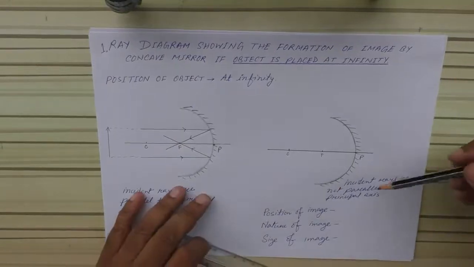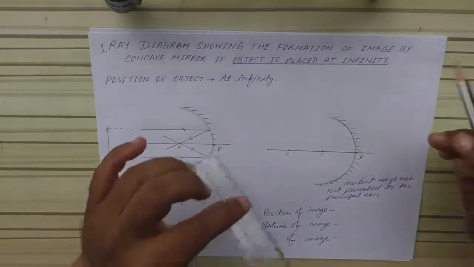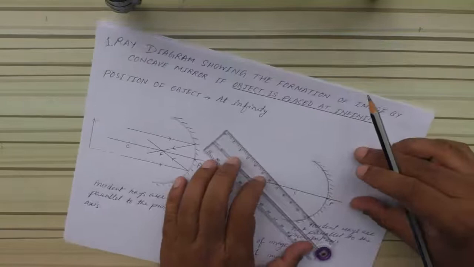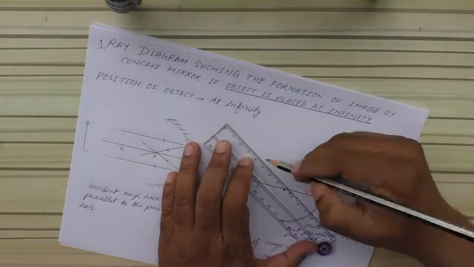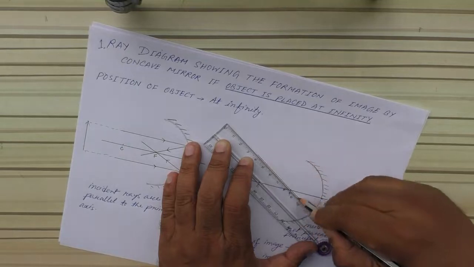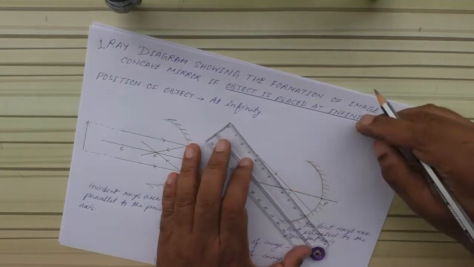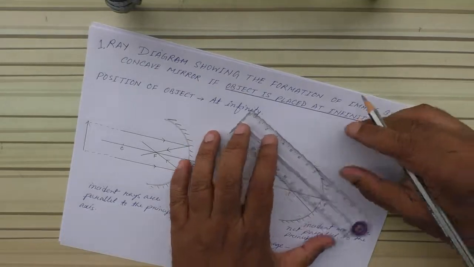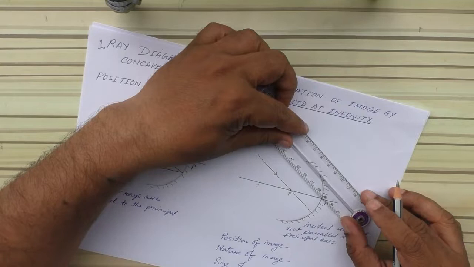Now for the second one, the incident rays are not parallel to the principal axis, but they may be parallel to each other. So for convenience I am considering one ray incident after passing through the focus, and the other one incident parallel to the principal axis.